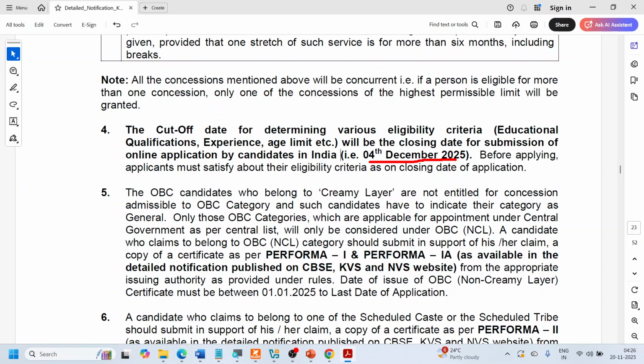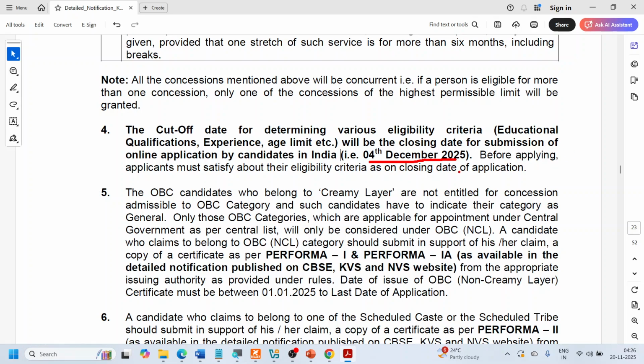So don't do it, because I have seen some of them have applied, but they got their certificate after the last date of submission of the application form. During the verification they will disqualify you. It is really heartbreaking, because you are qualified, you cleared the entrance test, everything, and suddenly they say that you are disqualified because one of your certificates was issued after the last date.